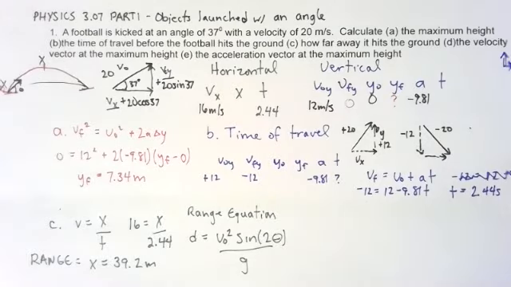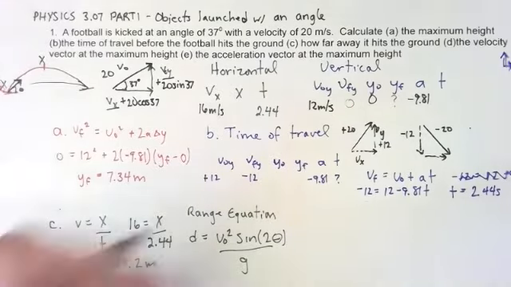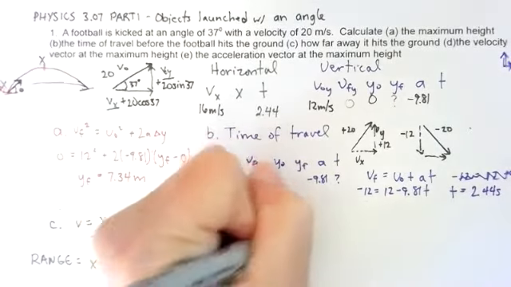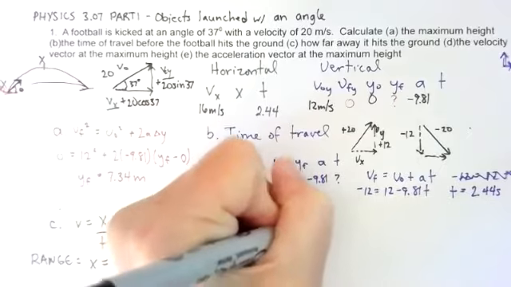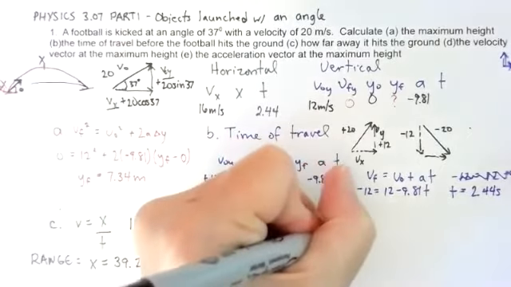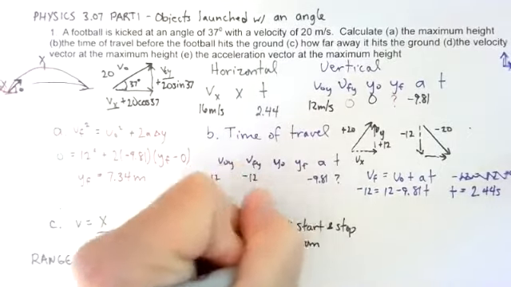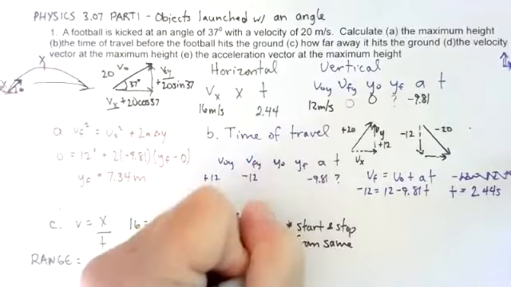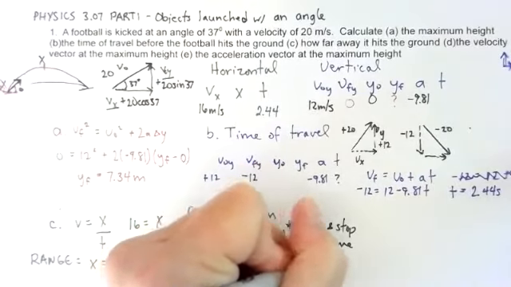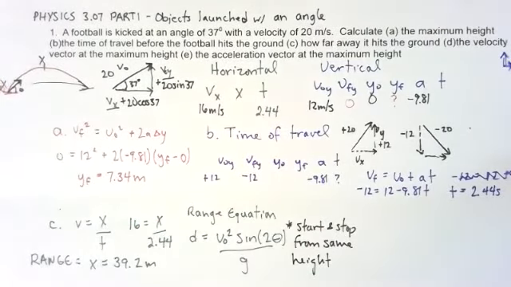And then you can do a really quick and easy range equation. So if it asks you for the distance a projectile travels, and I should put a little asterisk here: we have to start and stop from the same height.